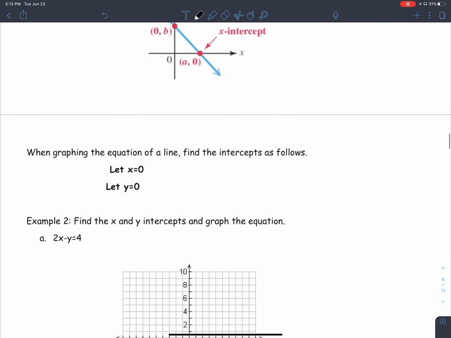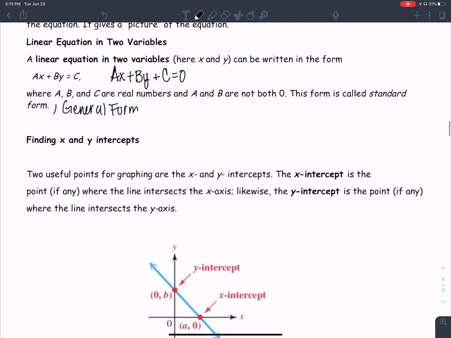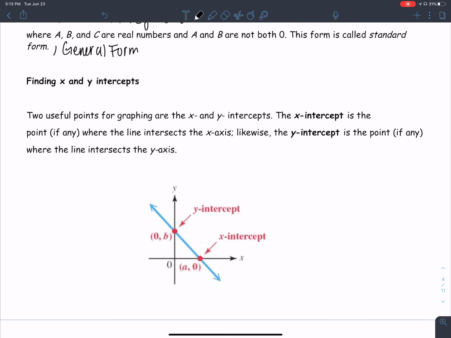Okay. The first thing we're going to talk about is finding x and y intercepts. One of the ways that we're going to graph is by finding x and y intercepts, and it's really useful sometimes because we'll have an equation that's kind of funky, and instead of solving for y, it might be easier to graph it using the intercepts. So two useful points are the x-intercept and the y-intercept.